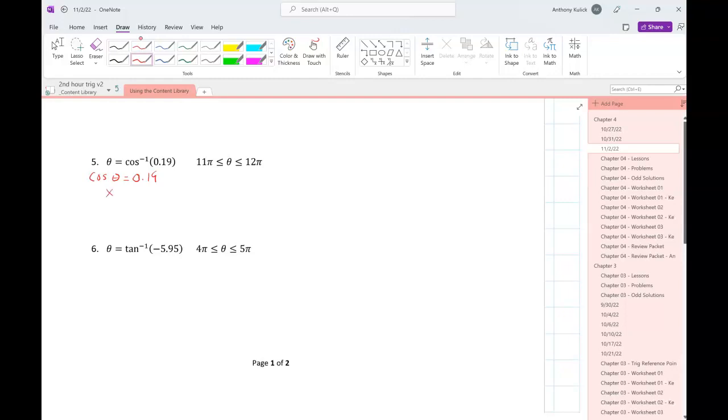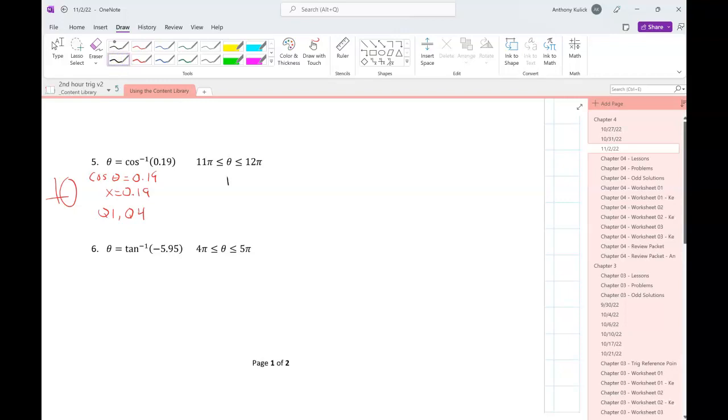X. If you don't remember that, I would put that on my equation sheet. And where is the x coordinate positive? Which quadrants? Over there, right? So that's 1 and 4.